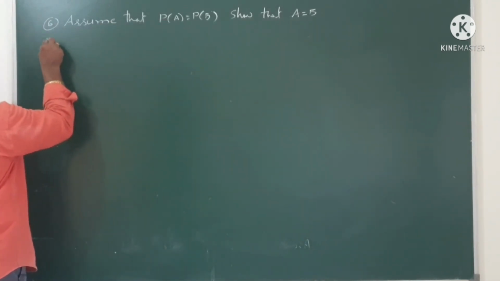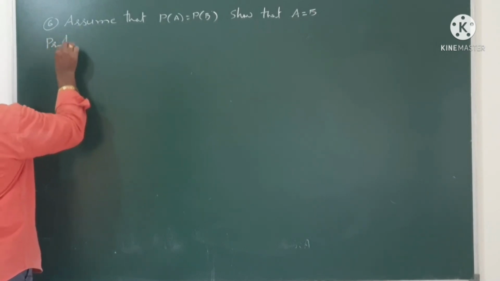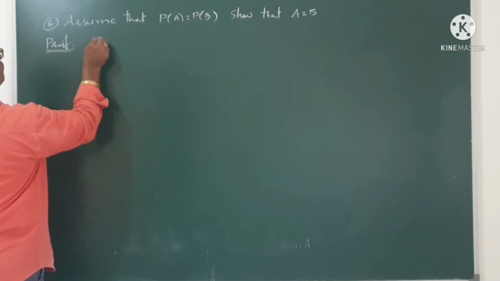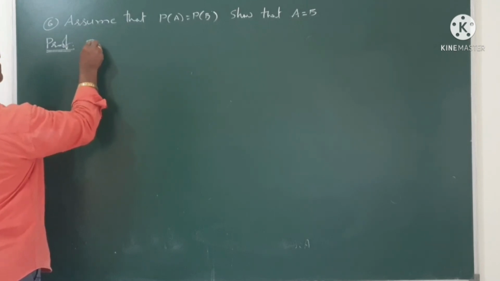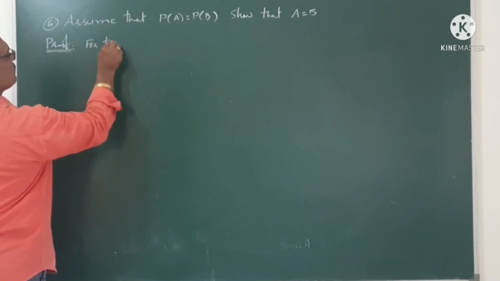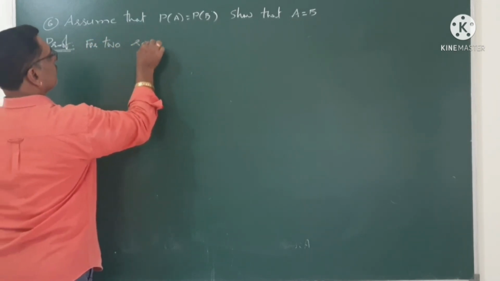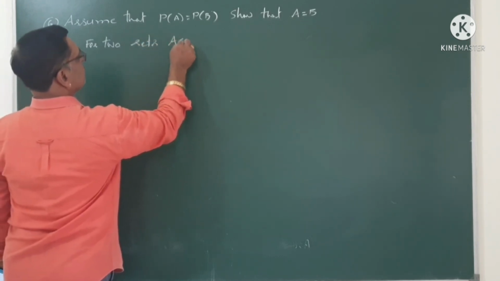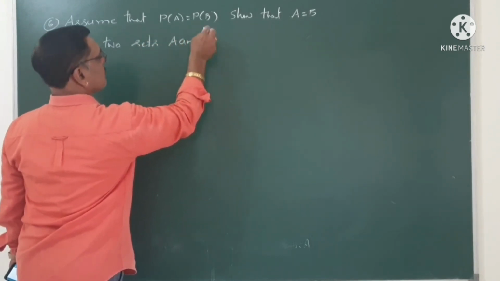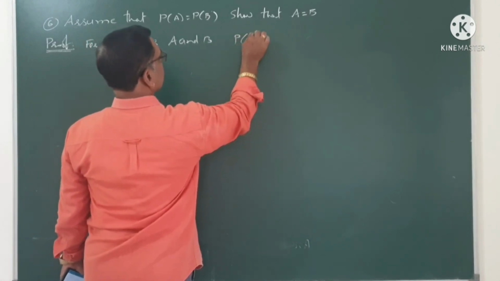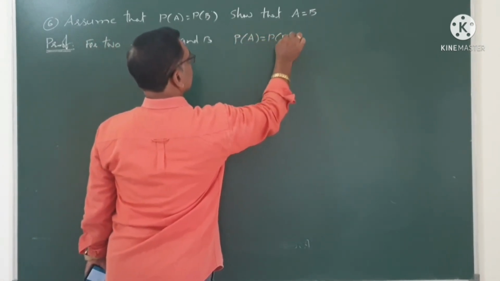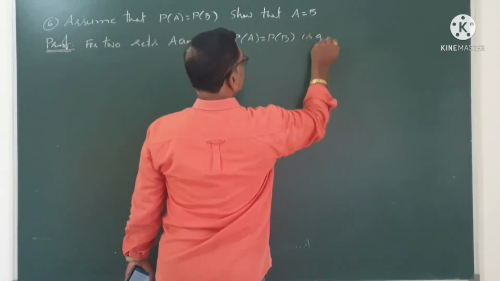Proof. For two sets A and B, P of A is equal to P of B. This is one.